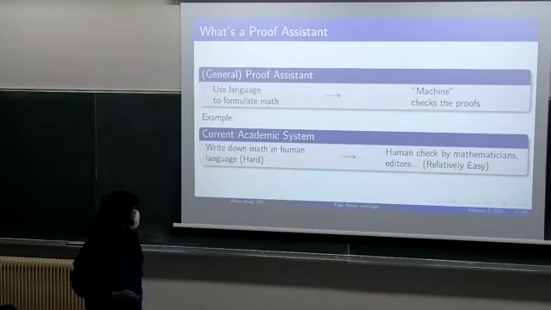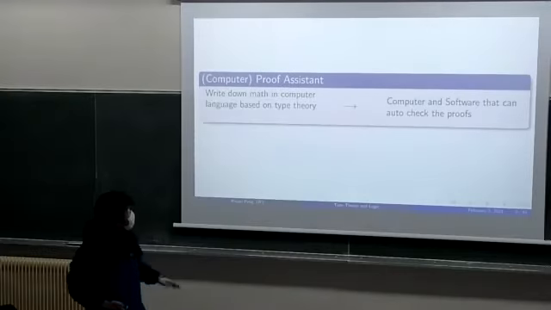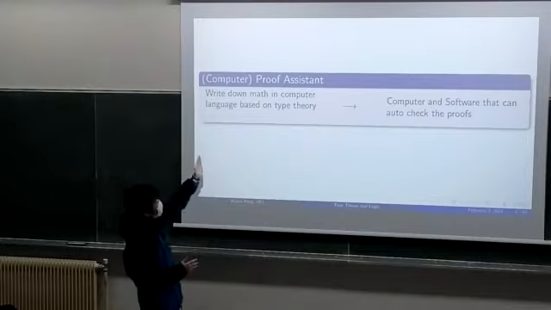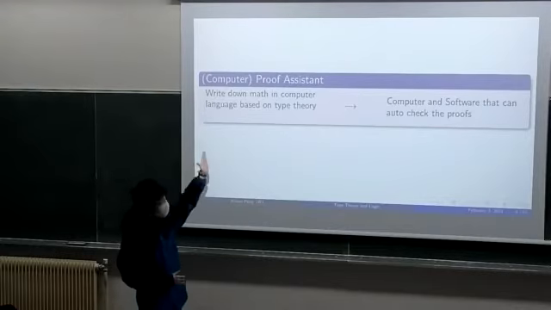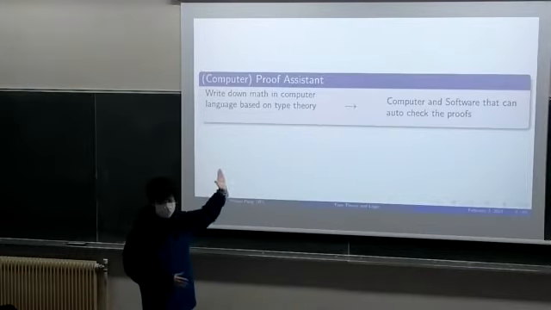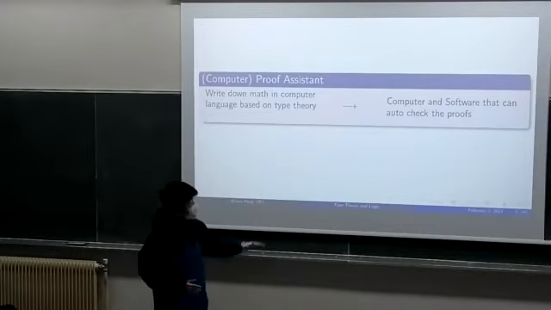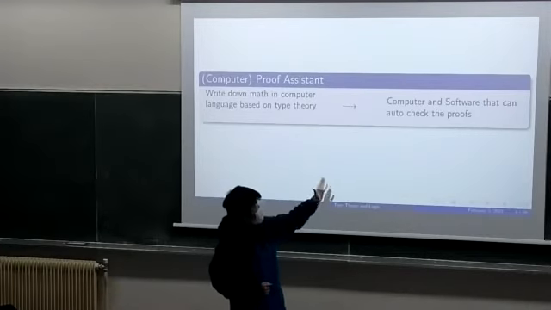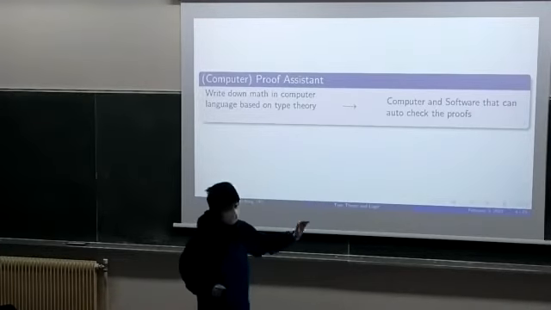Right? So is it possible to give a computer proof assistant, where mathematicians write down their proofs in a computer language based on type theory, and software that can automatically check the proof?